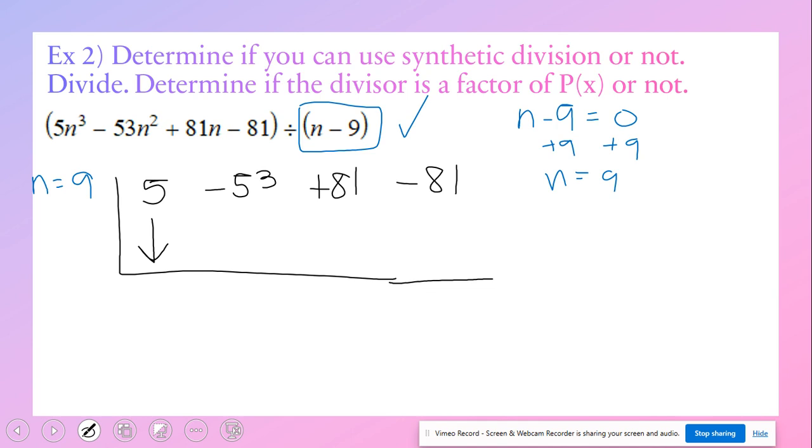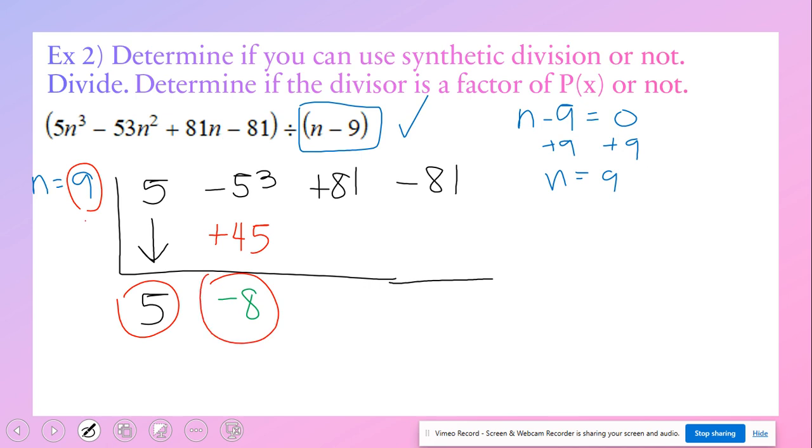of my synthetic division. After I drop 5 down, now I'm ready to say, what is 5 times 9? That's positive 45, and I put it in the next spot. Now I can add vertically. Negative 53 plus 45 is negative 8. Once I have a number written on the bottom, I start over.